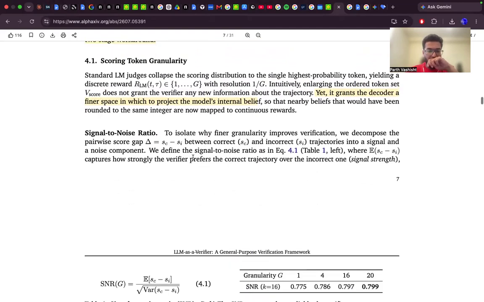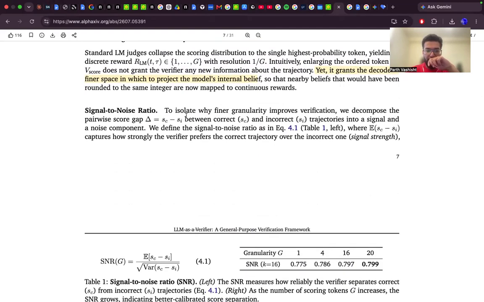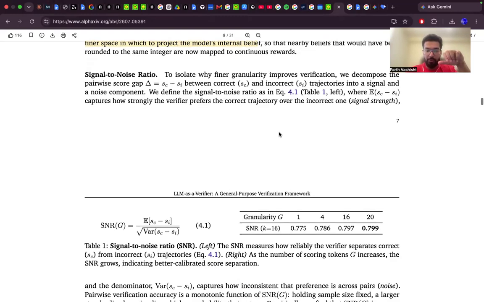So, signal to noise ratio. To isolate why finer granularity improves verification, we decompose the pairwise score gap delta, which equals S_C minus S_I between the correct S_C and incorrect S_I trajectories, into signal and noise components. We define the signal to noise ratio as in equation 4.1, table 1 on the left.